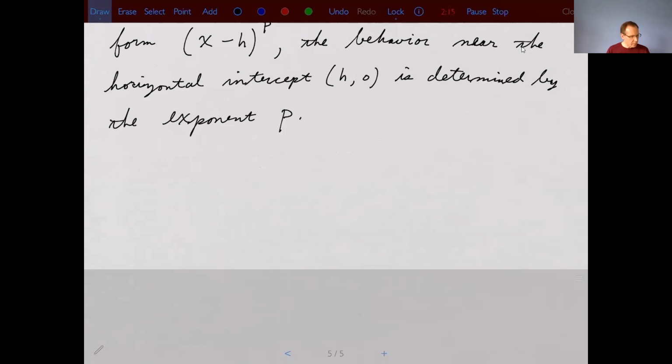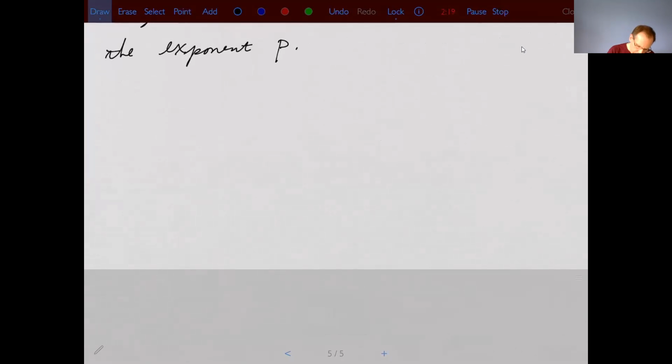Okay, and then there's 3 cases, right? So one possibility, let's say this is my Cartesian coordinate system. Let's say the polynomial looks like this near the root. So in this case, we have just a single 0.